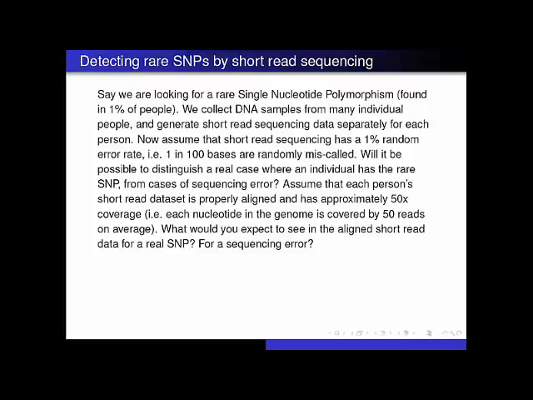So, just to make the obvious point, the numbers here are the same. Rare polymorphism present in 1% of people versus a sequencing error background miscall rate of 1%. So let's say, again, for the purpose of simplicity, our coverage in each one of these DNA sample sequencing data sets is on average 50x coverage.